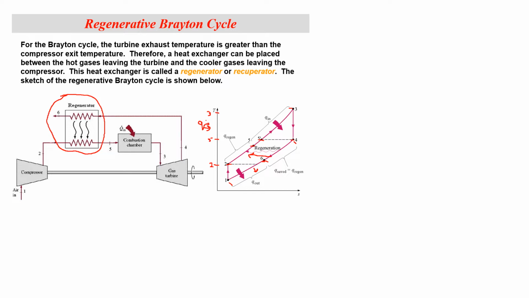To better understand what is happening here, we can look at the old equations and then the new ones. In a regular Brayton cycle, your Q in would be H3 minus H2, and your Q out would be H4 minus H1.